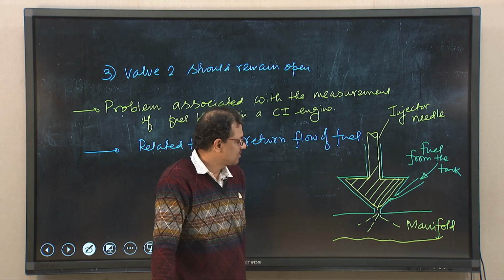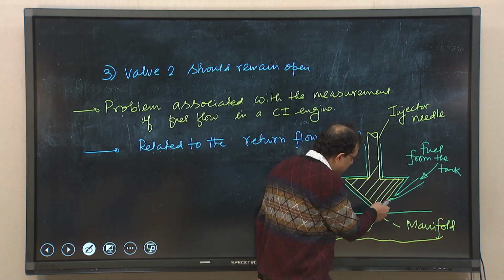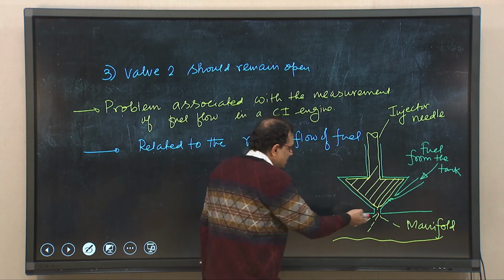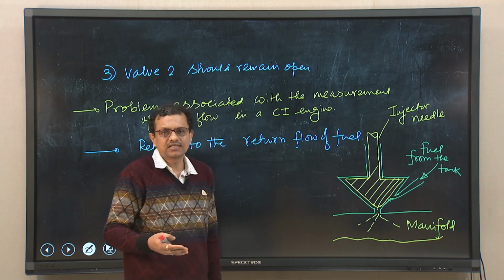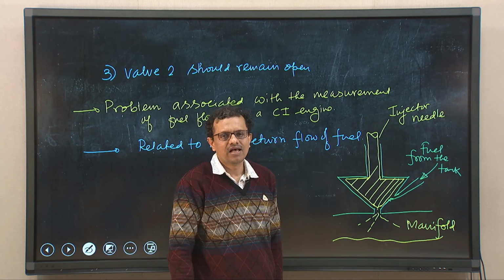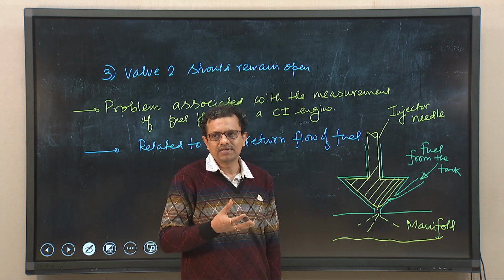Let me tell you one thing: typically the fuel which is coming up to here will have a little high temperature, because this part also has high temperature. So, when liquid fuel comes in contact with surfaces having high temperature, it will gain some temperature.